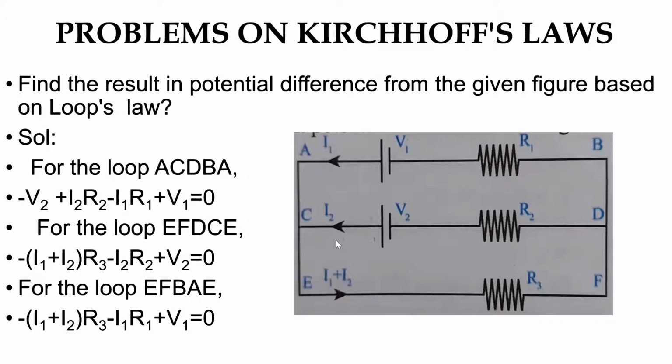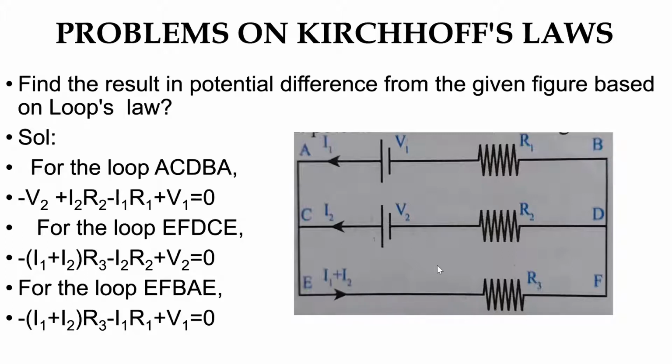Similarly, for the loop E, F, D, C, E, the lower loop, children, we can write here the current through R3. Here the current through R1 is I1, the current through R2 is I2, and the current through R3 is I1 plus I2. Therefore, the EMF across R3 we can write as minus (I1 plus I2) into R3.